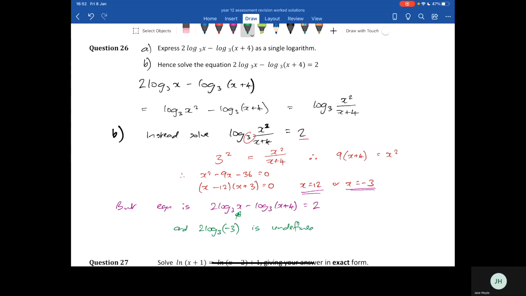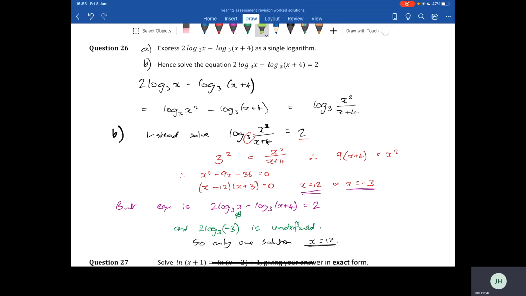So actually that second one is not a solution. There is only one solution, and that occurs when x is equal to 12.